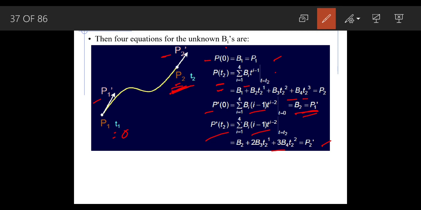So this is the equation for p1 equal to b1, p2 equal to b1 plus b2 and so on, p1 dash is equal to b2 and p2 dash is equal to the first derivative of this equation.